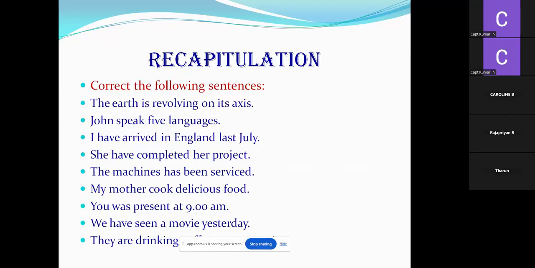They are not mentioning the time of the past action. So it must be present perfect tense. But here the verb is has been serviced because it is in passive voice. So it is present perfect tense, but it is given in passive voice. So what is the error here? The machines is plural. So which verb should a plural subject take? Have. So the answer must be the machines have been serviced.